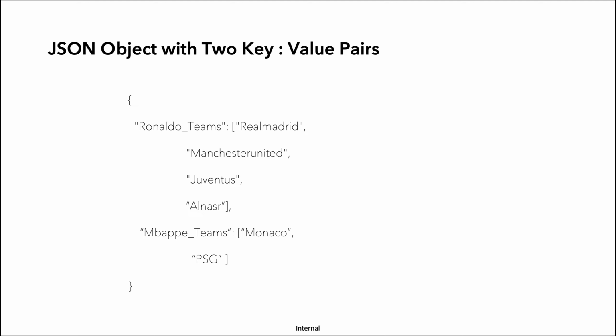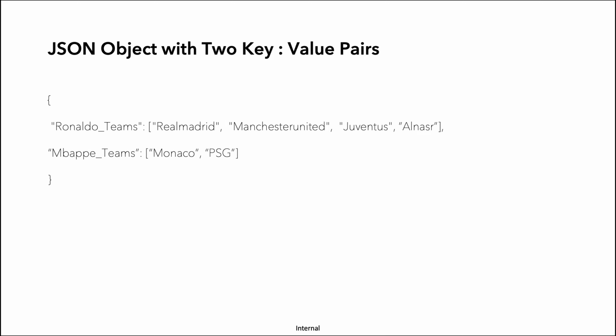I have curly brackets to begin and end the text, encapsulating one object. So there are two key value pairs inside this object. One is Ronaldo teams, another is Mbappe teams. Similarly, you can also represent this in another, simpler format.